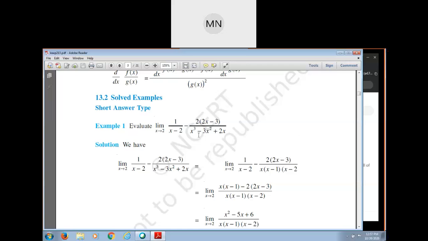For this one, we can take common x, isn't it? We can take common x from this expression.